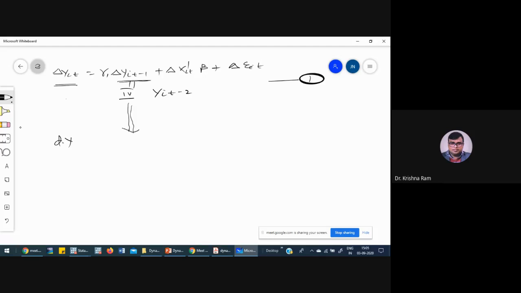This one we write in the form of d.l.y. Why d.l.y? Because y is the dependent variable. When we type l.y, this gives us the first lag value of the dependent variable.